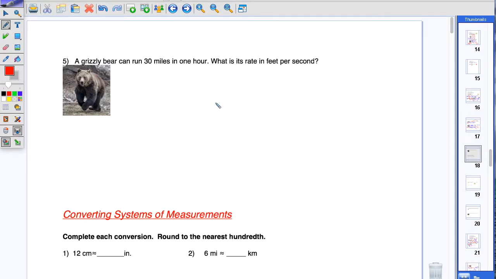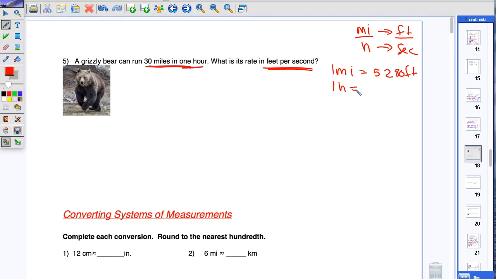Number 5, a grizzly bear runs 30 miles in 1 hour. What is the rate in feet per second? So we want to go from miles to feet and hours to seconds. Your conversion factor from miles to feet is 1 mile is equal to 5,280 feet, and 1 hour is equal to 3,600 seconds.